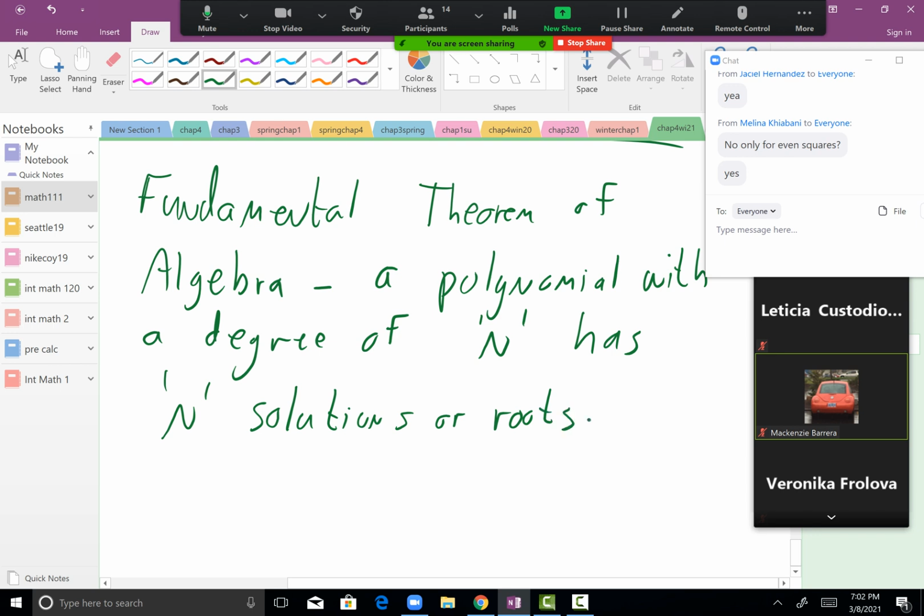So the fundamental theorem of algebra says that a polynomial with a degree of n has n solutions or roots. So if it's a third degree, it has 3. If it's a fourth degree, it has 4.